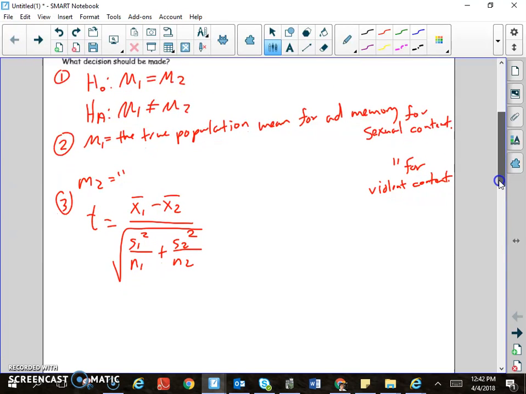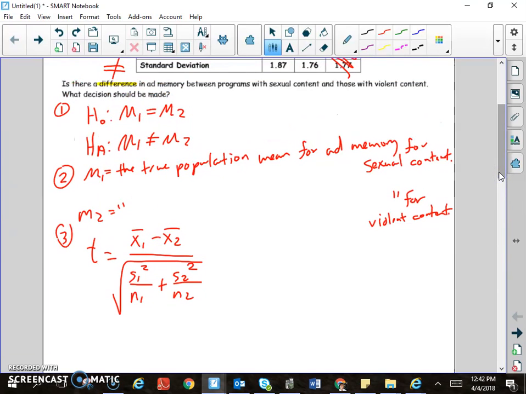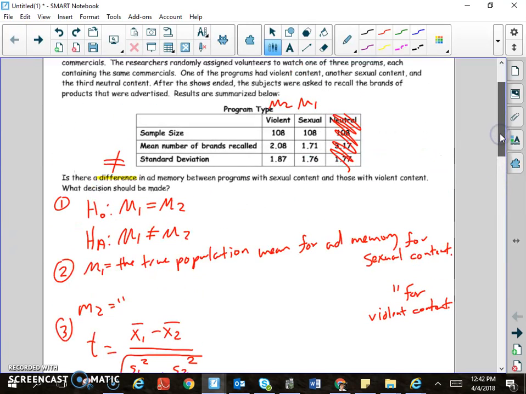So just so you know where those variables come from, like x1, x2, s1, s2, n1, n2, they're actually given to you in this question. So the first row is your sample size. Out of those three letters, actually there's 6. So this would be N1.